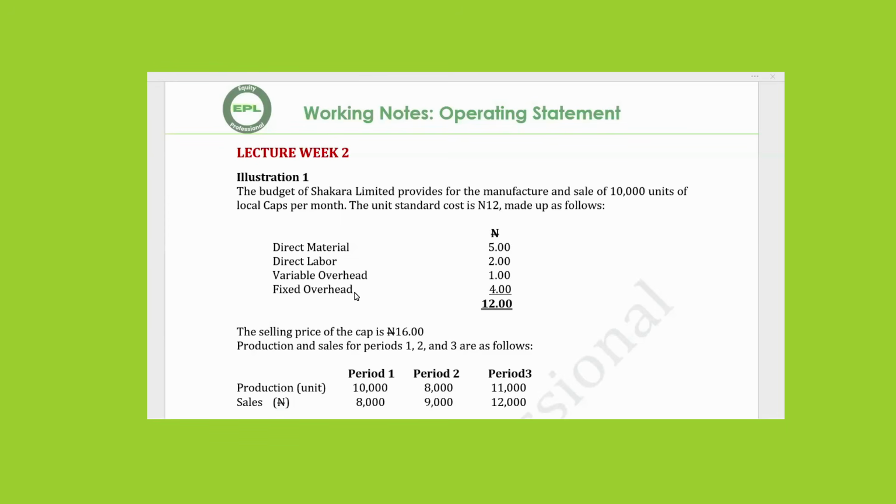If the overhead is understated, the profit will be over-reported. Because your expenses are lower, your profit will go up. So in order to correct that, the difference between the budgeted overhead and the overhead absorbed to a product should be added to the cost of goods sold. That's what we discussed last time.